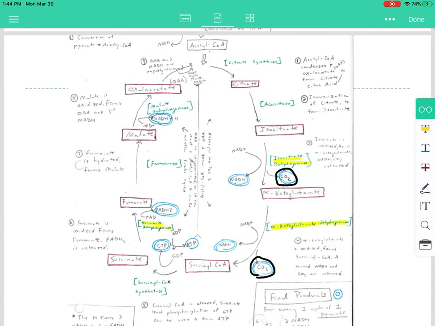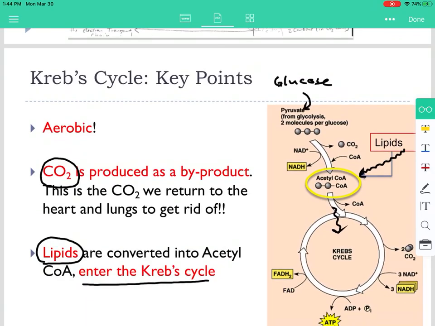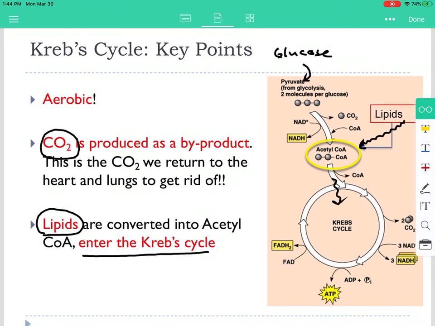We kick off CO2 here. So we've been saying that CO2 is a waste product, and now we're seeing where. CO2 is a waste product of cellular respiration. So every time we're metabolizing glucose or fat for energy, every single time, we're releasing CO2 as a waste product.